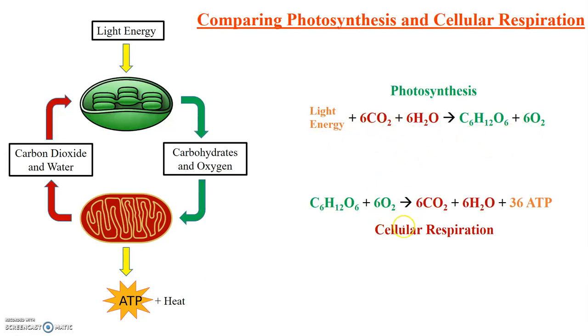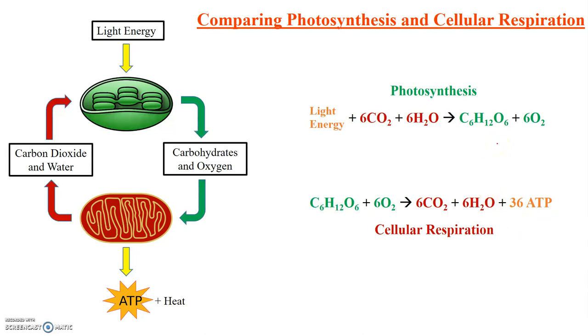And then down here we have cellular respiration, which happens in the mitochondria, as we see over here. And cellular respiration uses the carbohydrates, in this case glucose, plus 6 oxygen molecules, and produces 6 carbon dioxide, 6 water molecules, and then between 36 and 38 ATP molecules. And what I did here is I color-coded this.